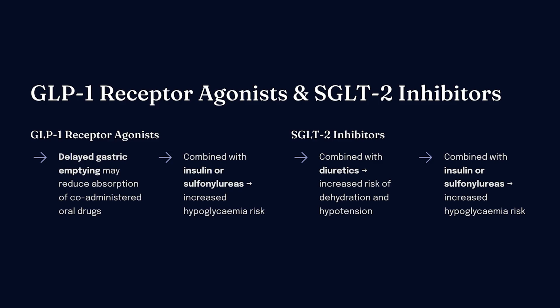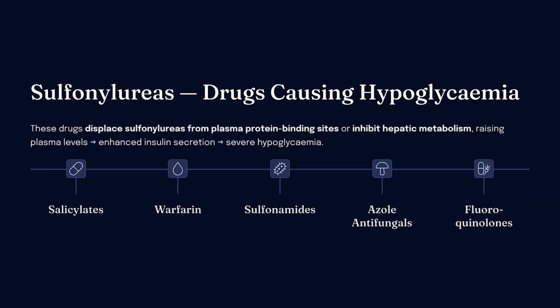Combining them with diuretics, there is an increased risk of dehydration and hypotension due to excessive fluid loss. In addition, when SGLT2 inhibitors are used together with insulin or sulfonylureas, they can also increase the risk of hypoglycemia, often requiring dose adjustment of the accompanying agent.